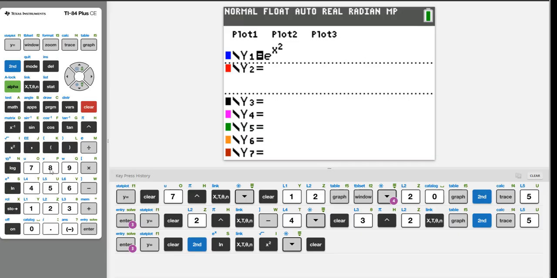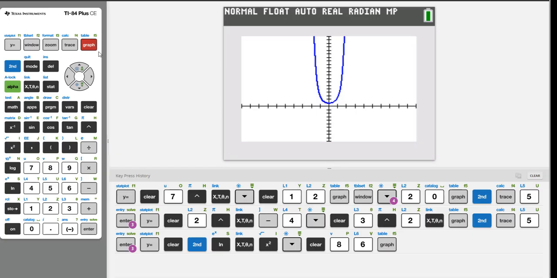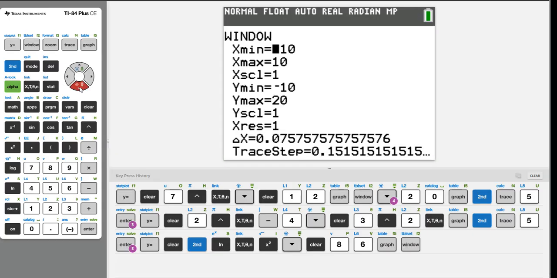Type in 86 and press graph. Since y2 is 86, we cannot see the intersection point. With y2 equal to 86, we need a y max greater than 86. Press window and change y max to 100, since 100 is greater than 86.